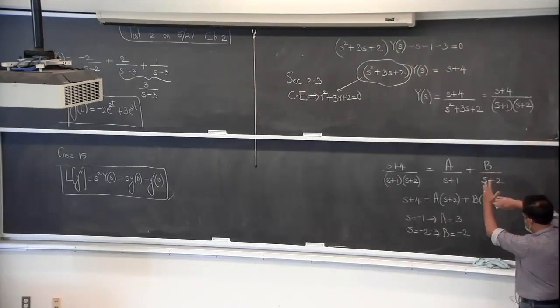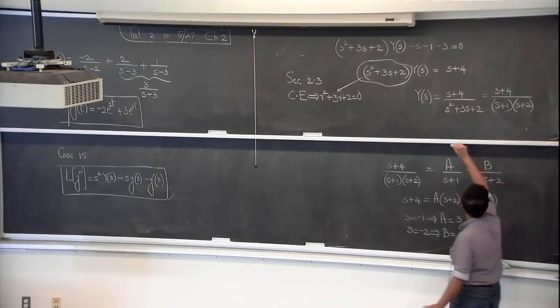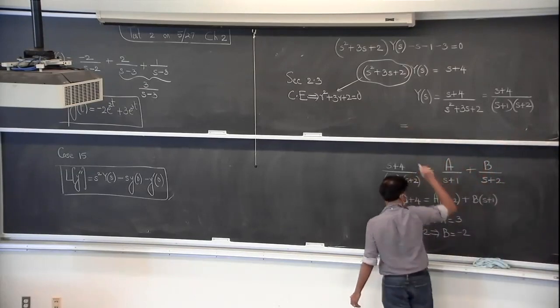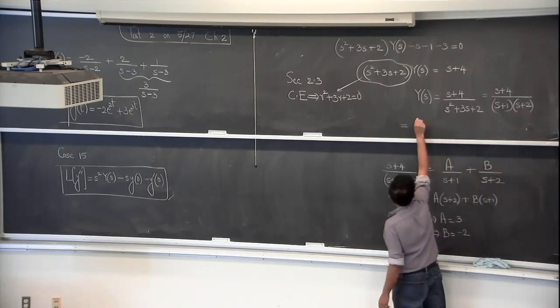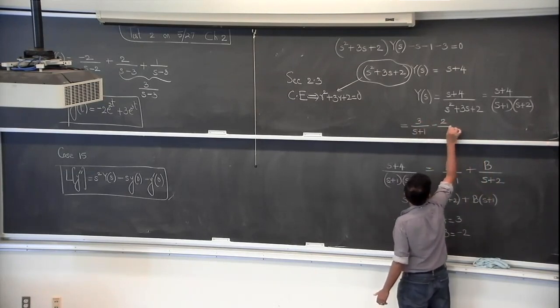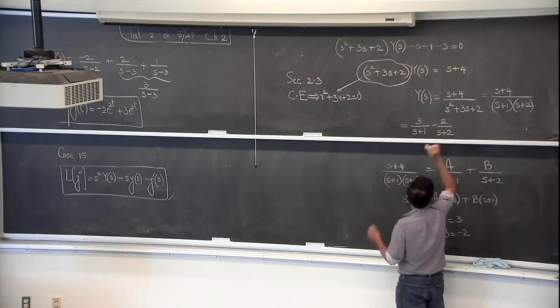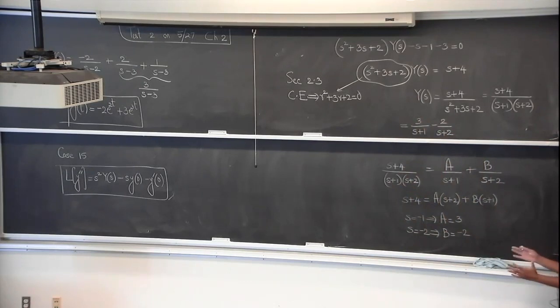So what I'm going to do is I'll just make use of whatever space I have here. That's going to be 3 over s plus 1 minus 2 over s plus 2.